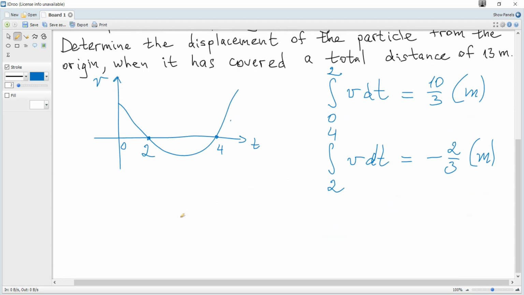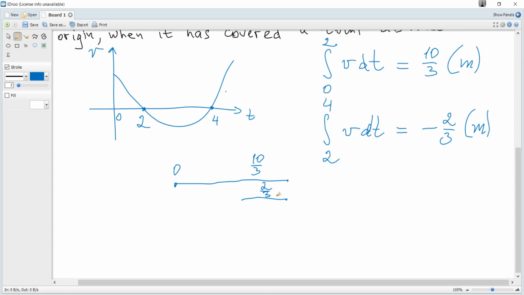Let's illustrate it. So there is an origin, and it moves 10/3 to the right, then 2/3 to the left. You can see that displacement is plus 10/3 minus 2/3, so displacement is 8/3, and if you calculate the integral from 0 to 4 of v dt, you get 8/3 meters.